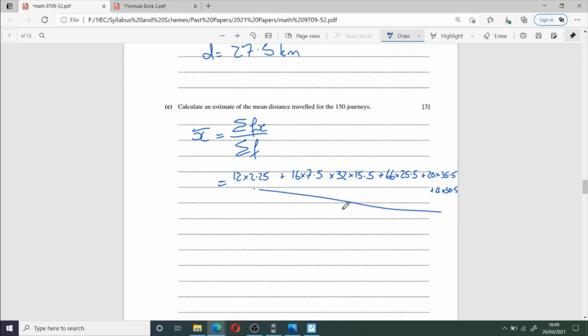Okay. So on the top I get 3,238. Let's divide that by 150.